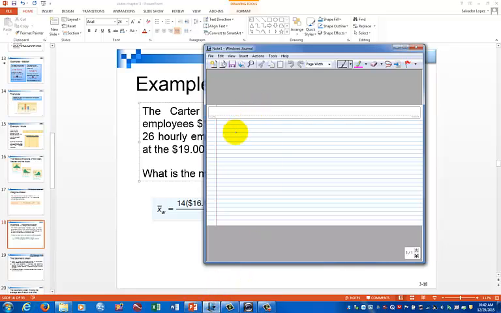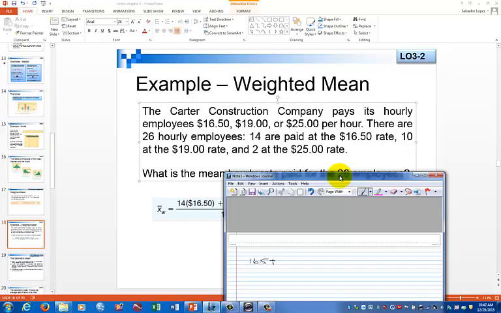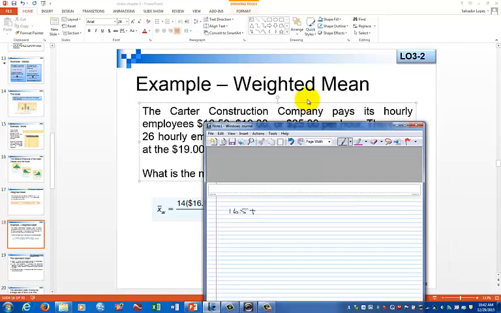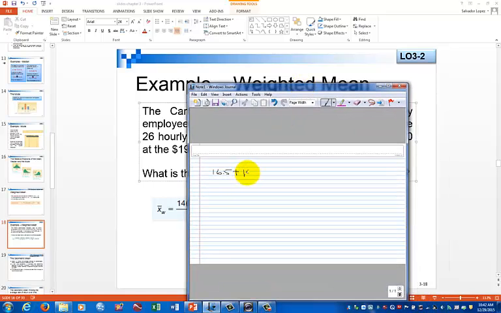So what we have is a case of 3 different numbers that are not equally weighted. For example, if I calculate the normal average using the general formula, we have to add 16.50 and 19 and 25 and divide that by 3. That's all we do in an average.